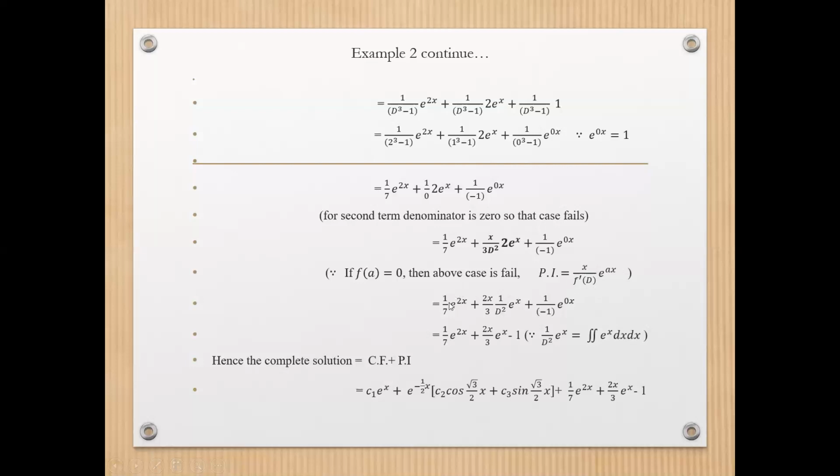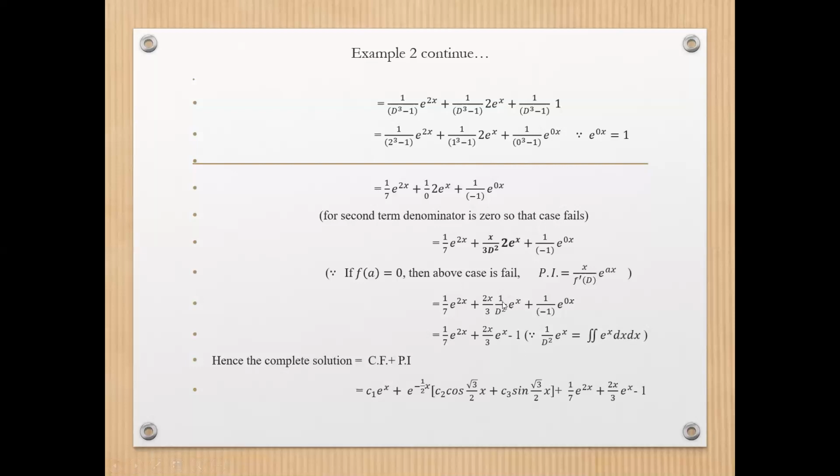So we are using this formula: particular integral equals x upon f dash of D into e raised to x. We get the first term as it is, 1 upon 7 e raised to 2x, plus 2 upon 3, where 2 upon 3 is a constant and x stays as it is, 1 upon D square into e raised to x, plus 1 upon minus 1 e raised to 0x. Next, 1 upon D square is nothing but 2 times integration, 1 upon D is 1 time integration, and 1 upon D cube is 3 times integration.